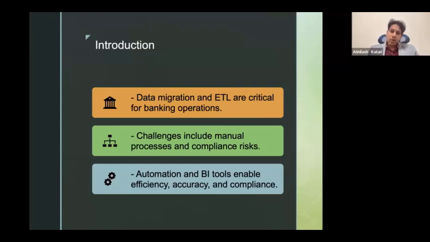So we would like to change those manual processes and automate them, and at the same time be compliant, making sure that there is no risk associated when we are automating these manual processes. Those are some of the challenges that we go through when we migrate from one system to another system.